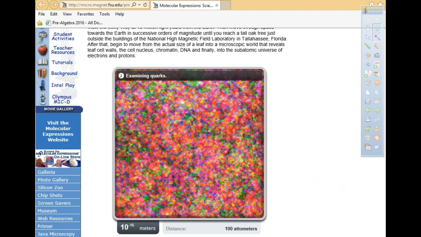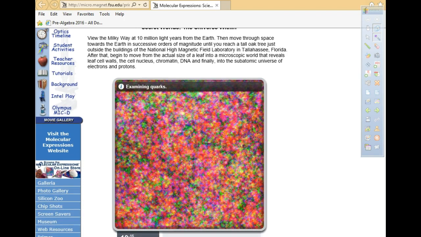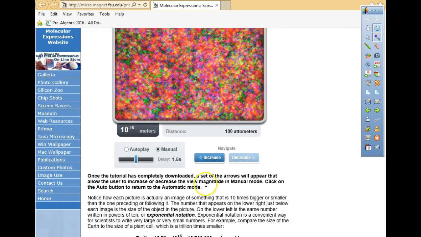So when you are looking at this, it says you can view it from the Milky Way, which is 10 million light years away, and we're going to move all the way down, in this case, to DNA, the subatomic universe, electrons, protons. I attach this to the daily planner, and it says you can set it manually or autoplay.